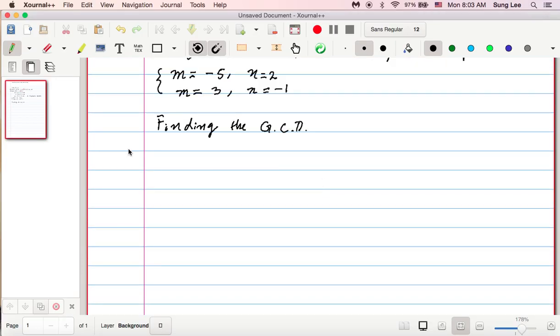Like I just mentioned, we have a equals bq plus r, with r greater than or equal to 0 and less than b.